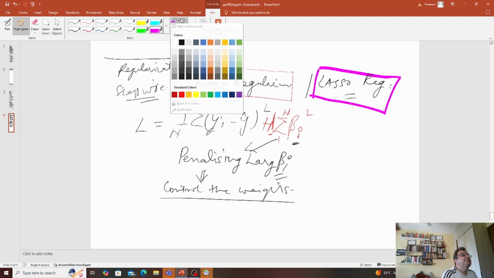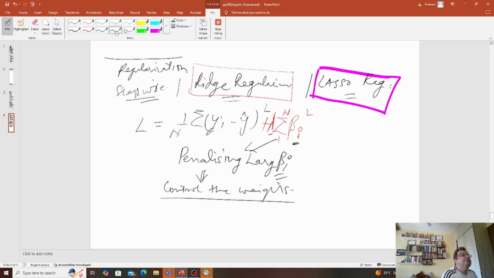Now in case of lasso regression, this is too thick. Okay, let me make this green only. In case of lasso regression, instead of this term, you add the beta naughts in their mod values. Mod values, of course, because we don't want plus and minus to cancel with each other.